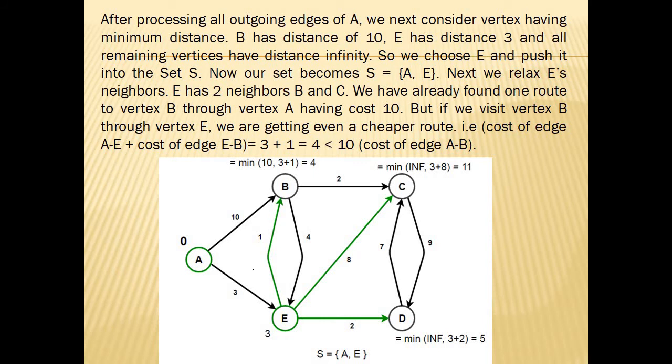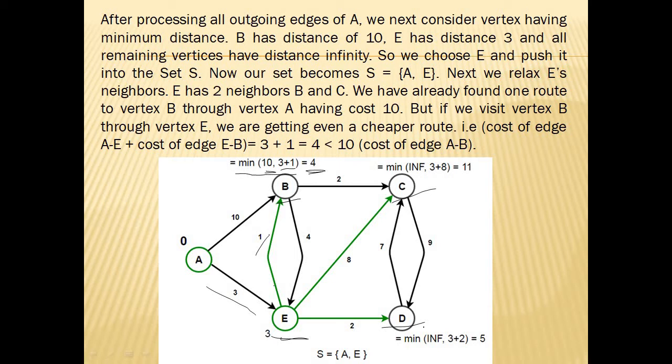So we'll consider E. Again from E we found the neighbors. Neighbors are B, C and D. So we'll calculate the paths. Here from A to B, earlier we have 10. Now we'll go 3 plus 1, 4. So the minimum among 10 and 4 is 4.